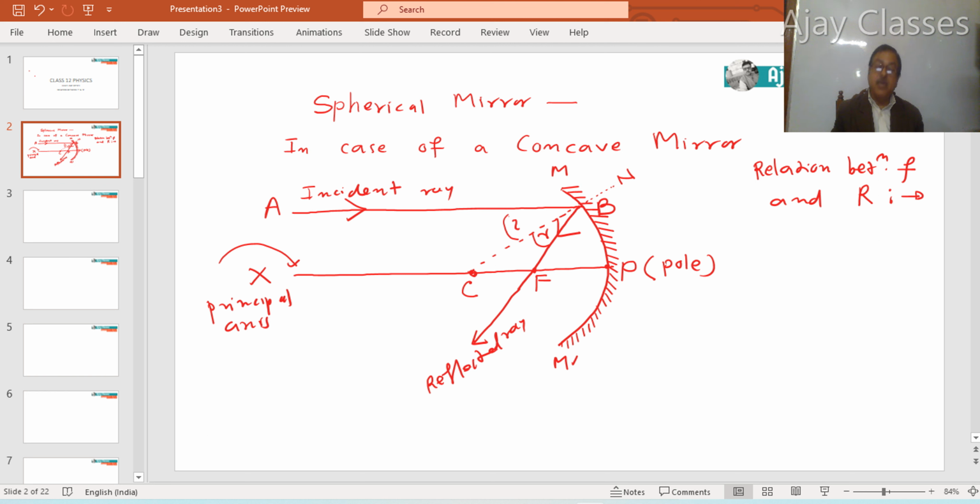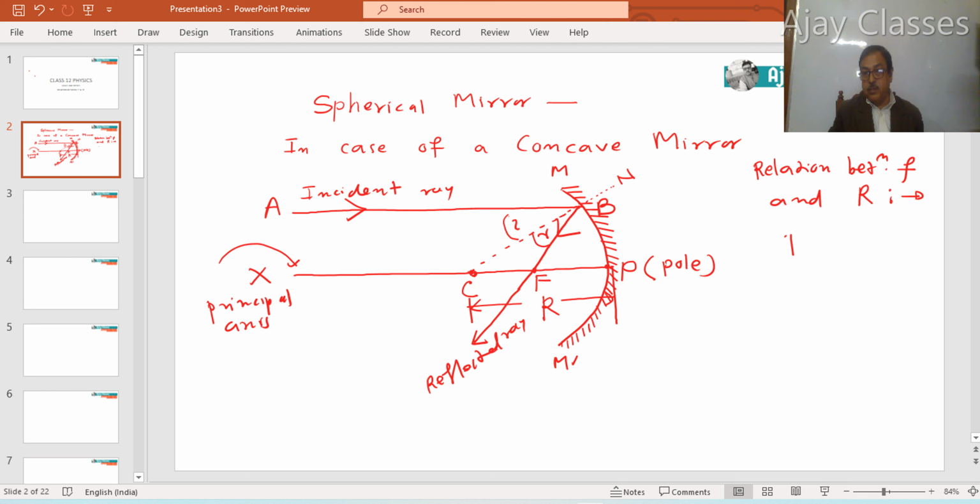We know that C is the center of curvature and P is the pole. The total distance of P and C is taken as the radius of curvature.